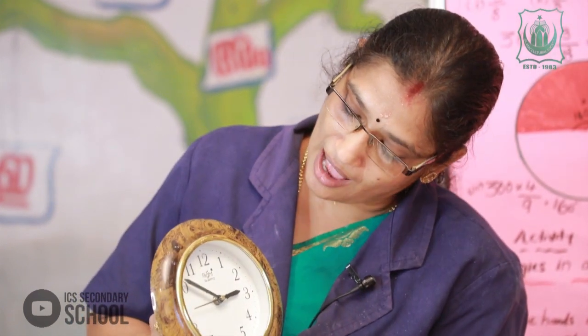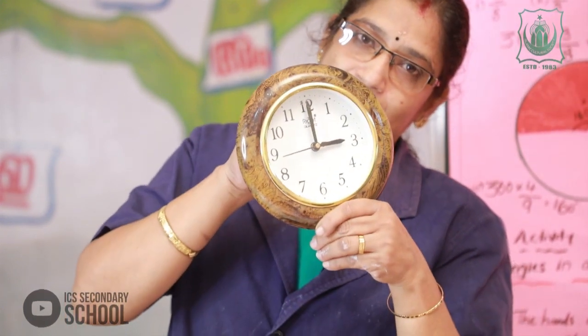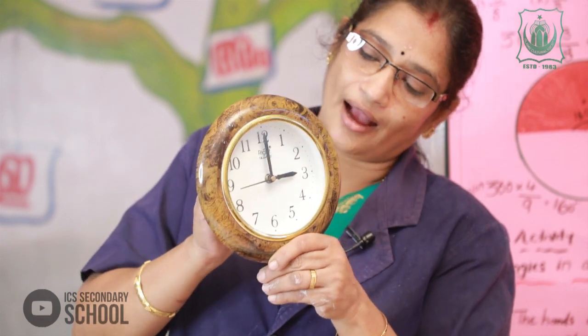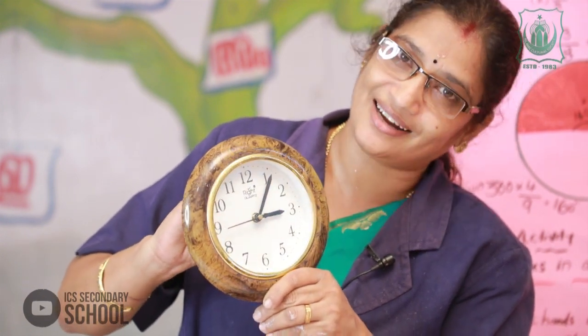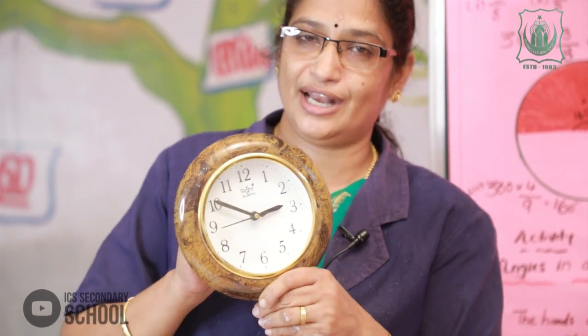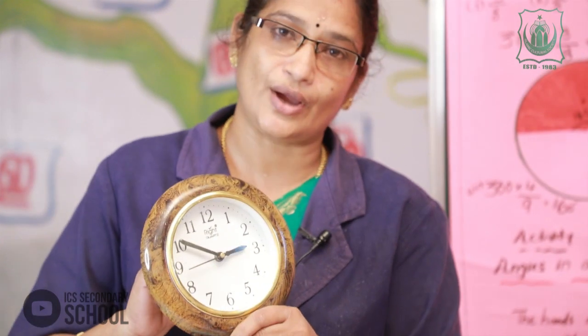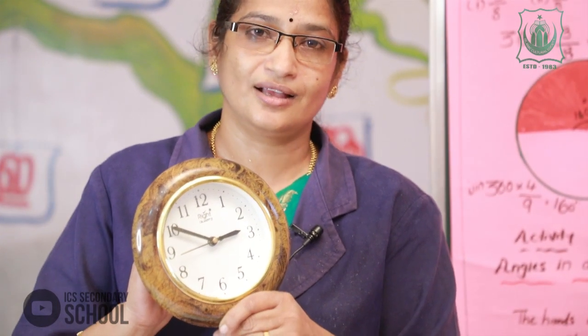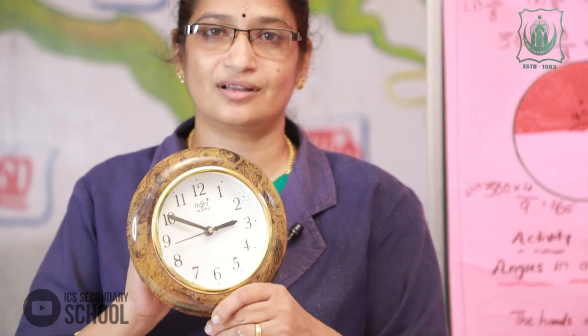Once more, repeat: right angle, acute angle, and obtuse angle. Do you identify the angles in a clock? Okay. Did you understand?